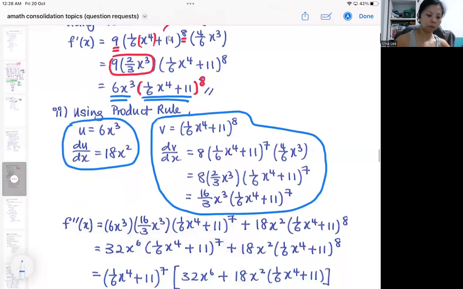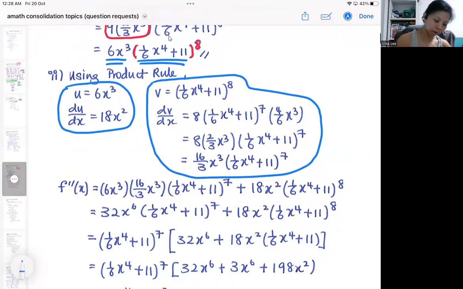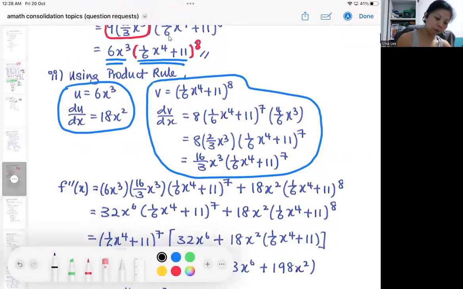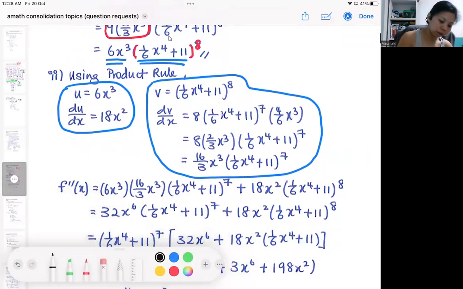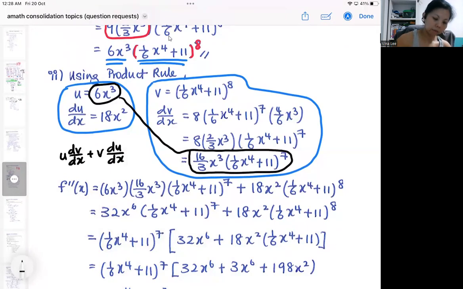So if you can get u and v and the respective differentiation, and you apply your product rule, which is u dv/dx plus v du/dx, you use this multiplied by this, that will be the first part. And then if you use this multiplied by this, that will be the second part of the product rule.